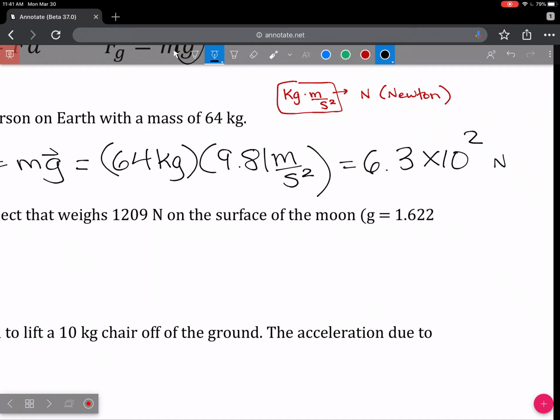It's just used because we don't want to write kilogram meter per second squared all the time. So we just replace that with capital N, which stands for Newton. So forces are measured in newtons, which have the primary units or the standard units kg, m, and s.